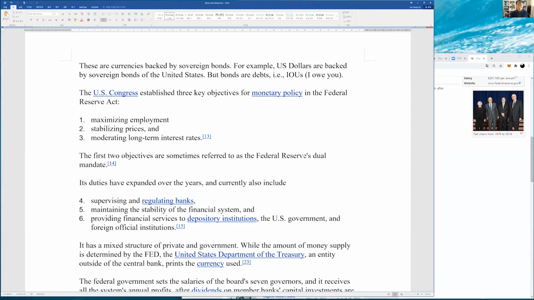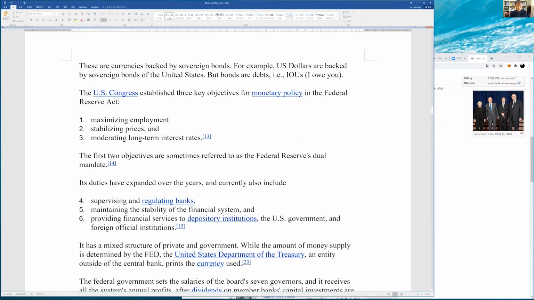Then all they have to do is create these new US dollars and pay them. Okay, so that's one aspect of the reserve currency status of US dollars.